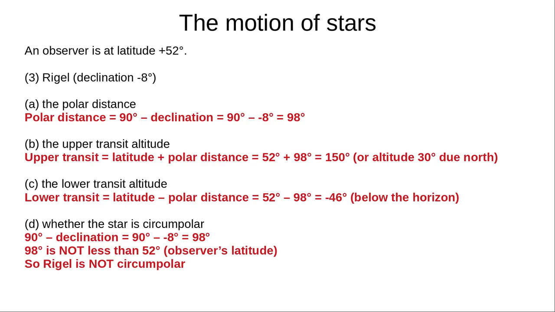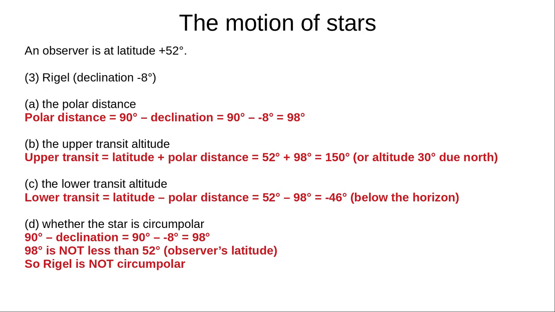And finally, Rigel's polar distance is 90 degrees minus negative 8 degrees, or 98 degrees from the north celestial pole. Upper transit is at 52 degrees plus 98 degrees equals 150 degrees, or 30 degrees due north. Lower transit is at 52 degrees minus 98 degrees equals minus 46 degrees, below the horizon.